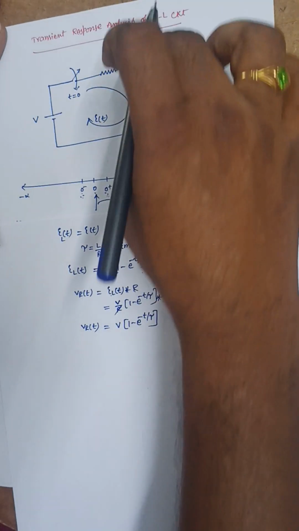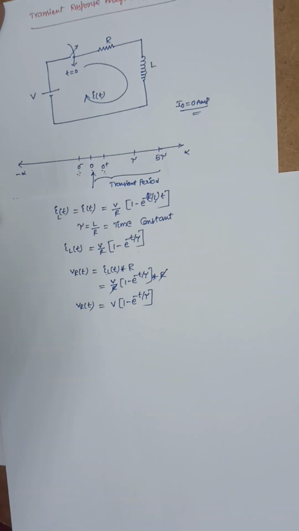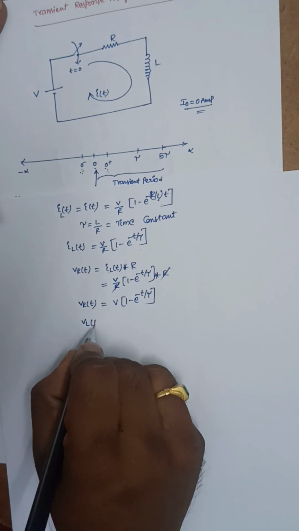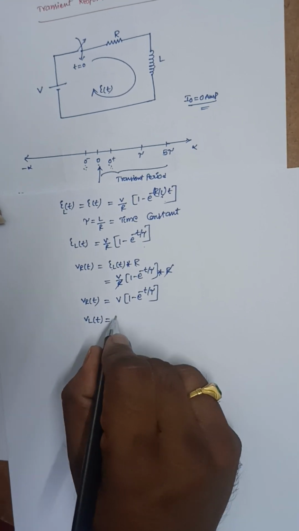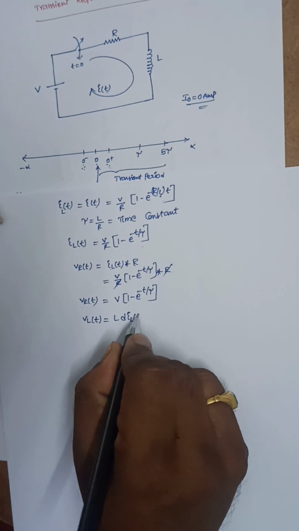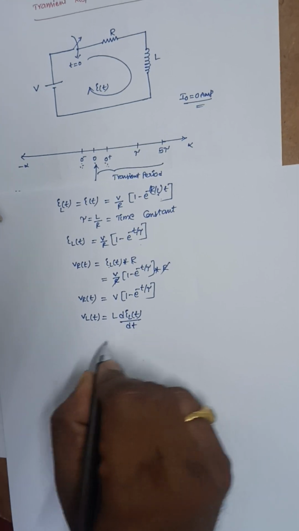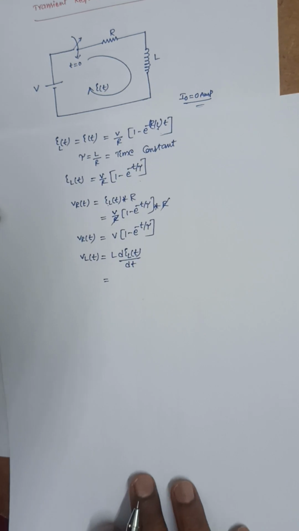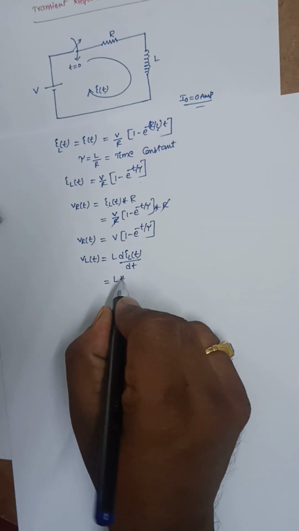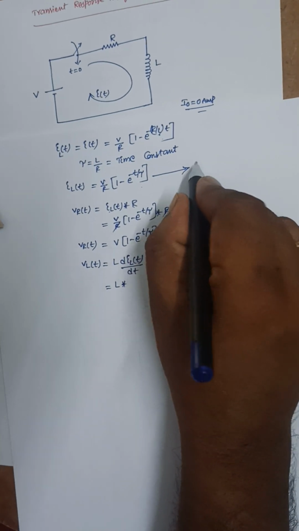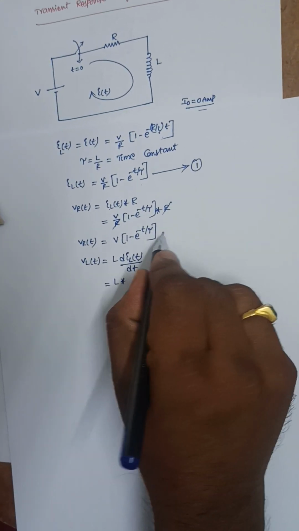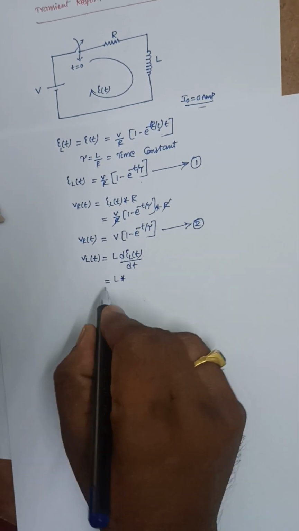And if I want to find the voltage across the inductance, VL of t is equal to L into d IL of t by dt. This is the formula for finding the voltage across the inductance. So L into the derivative of this expression here, let us call it equation 1.